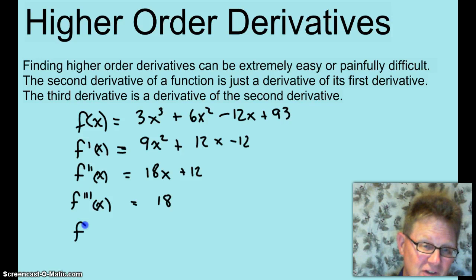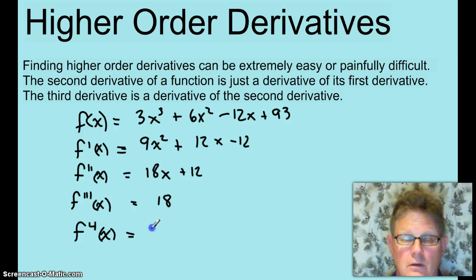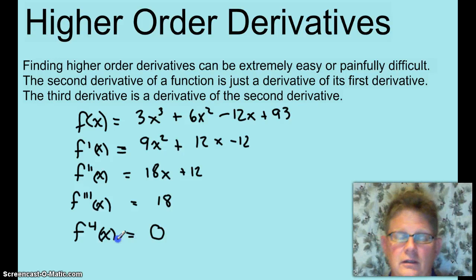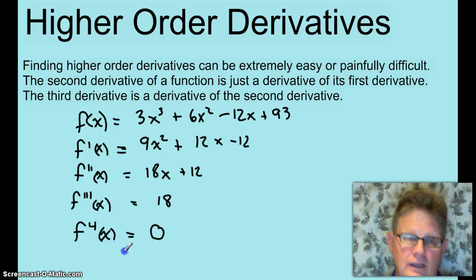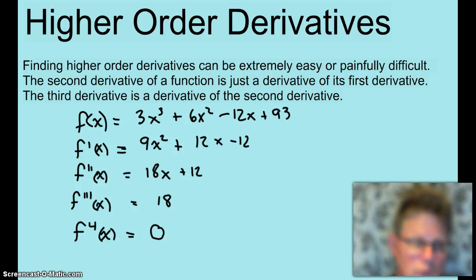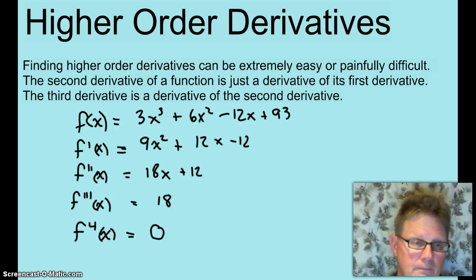And f quadruple prime is just 0. And if I try to find any more derivatives after that, it's just going to be 0. And that's how you take a derivative of a derivative function and then take the derivative again. Yeah, you get the point. Let's go ahead and move on.